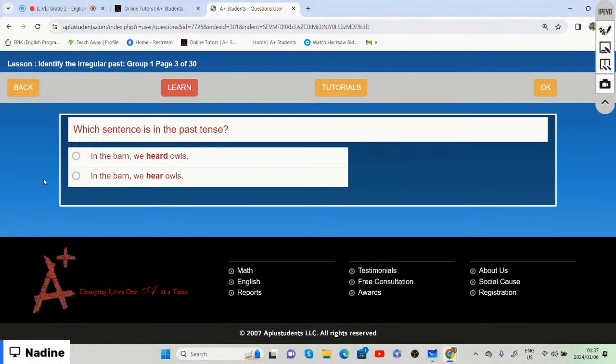So we need to basically choose the word in the past tense. Option one says, in the barn we heard owls. And then we also have, in the barn we hear owls.